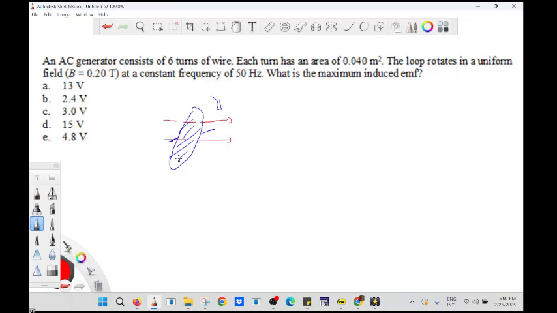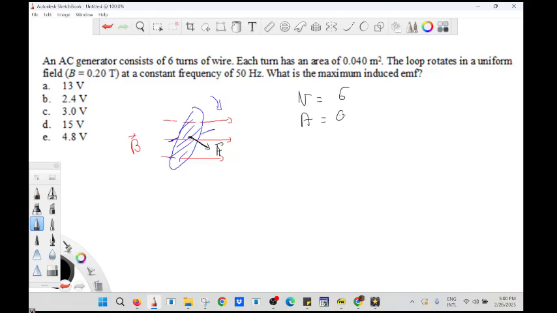You have a magnetic field here, it's constant, B. But here, this is rotating. So this is a loop with 6 turns. So 1, 2, 3, 4, 5, 6. That will be your area vector. Between here and there, it's going to make an angle theta. So it's going to be 6 loops.